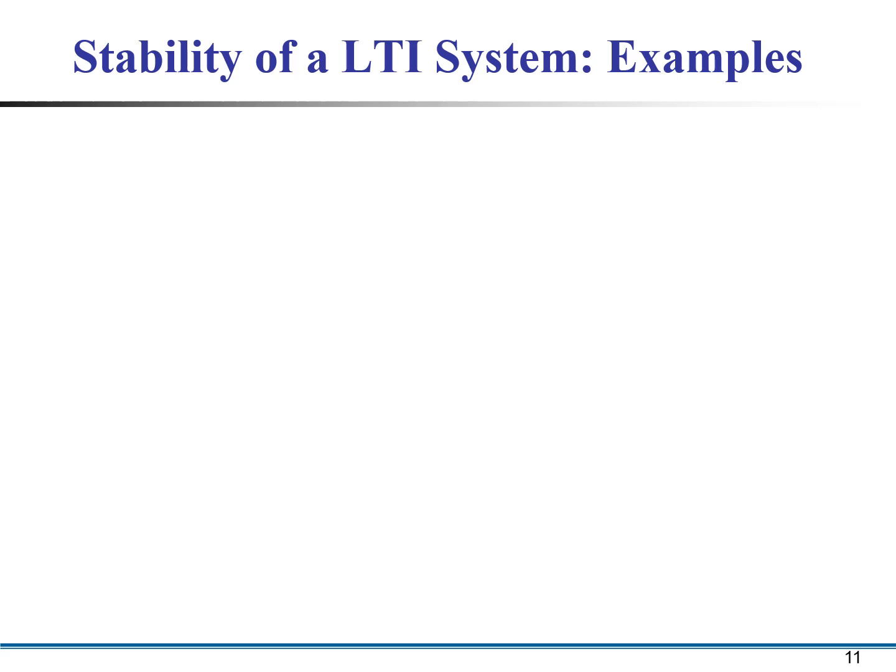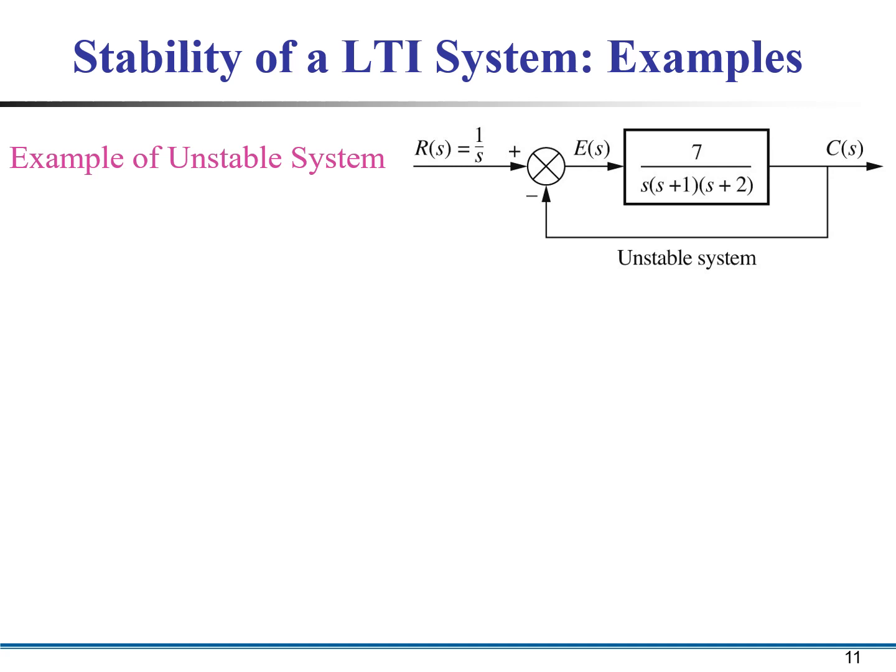So on this slide we will discuss another example. In this example, again the open loop system is stable. The only difference, in the previous example the gain was 3 and now the gain is 7.